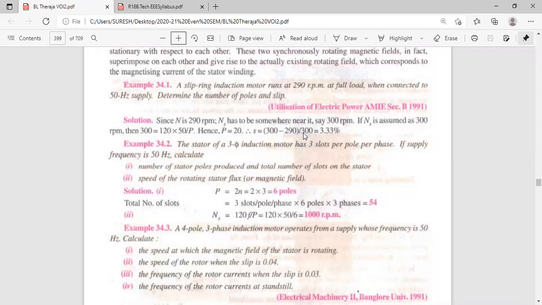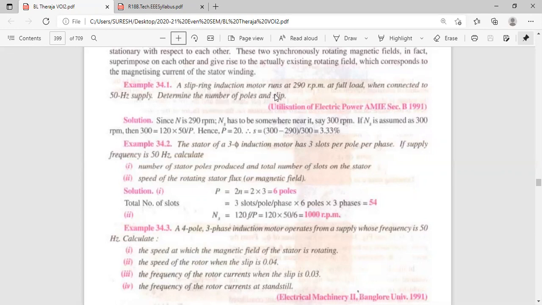If you want the percentage slip, multiply that by 100, and we get 3.33%. This is the percentage slip they are giving.